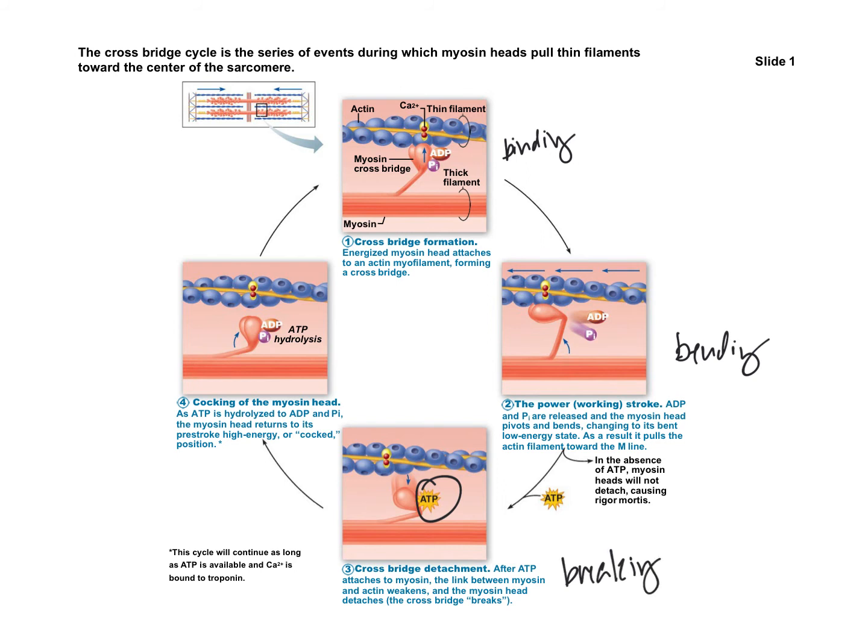And then it bounces to the next available binding site to continue the process as long as the stimulation and calcium are available. Make sense? So let me ask you, what happens when a muscle runs out of ATP?